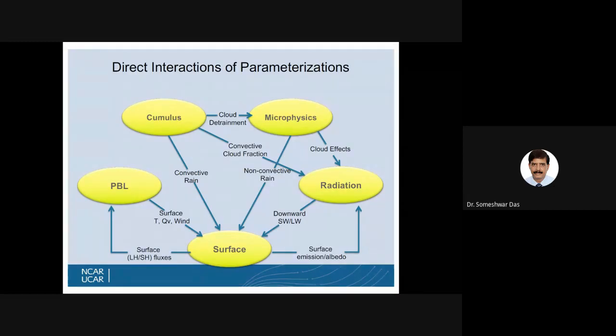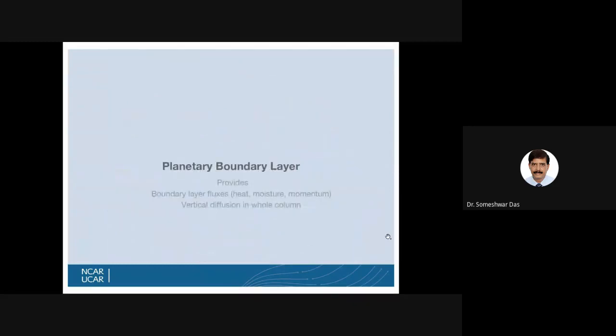Okay, but still a lot of slides to cover because I think we have only covered about 50 or so slides out of 133. So less than half of the slides we have covered so far. Okay, so let's see. Now you already studied the planetary boundary layer, right?